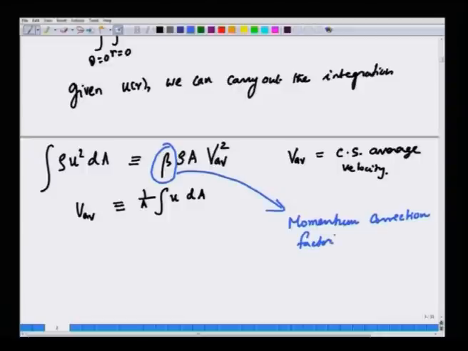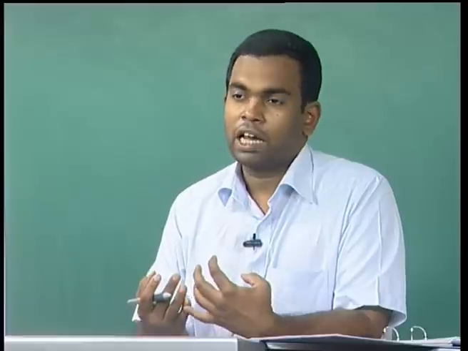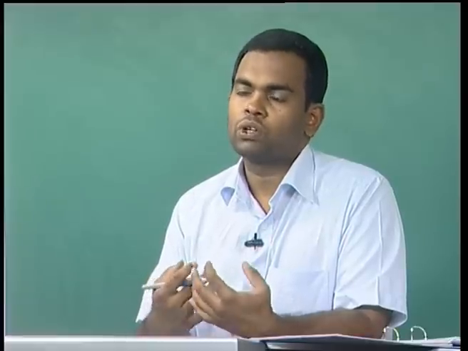So, instead of evaluating this entire integral, if we can evaluate this once and for all and write it in terms of an algebraic quantity, like the average velocity times a factor that accounts for the non-uniformity of the flow, then that will be very handy when we do integral momentum balances.